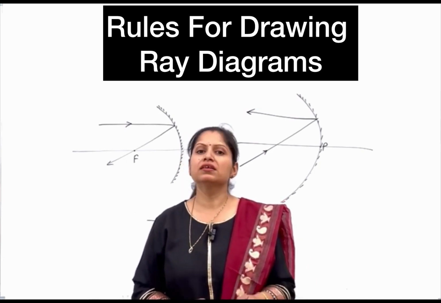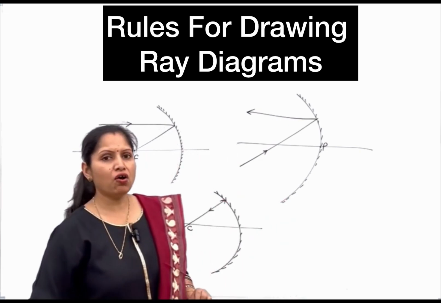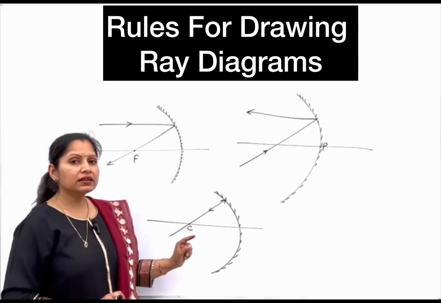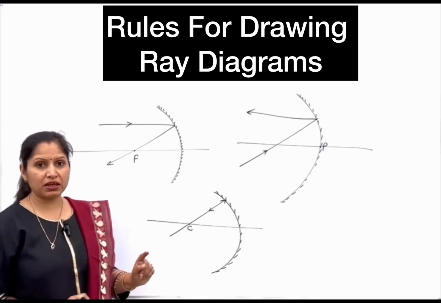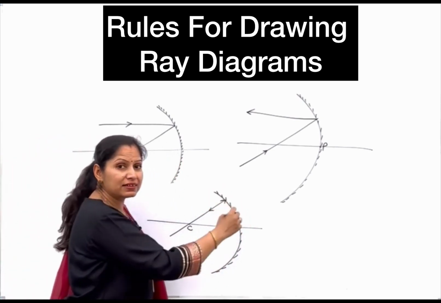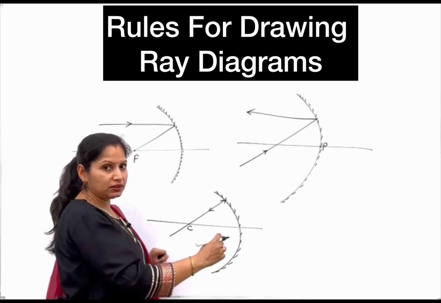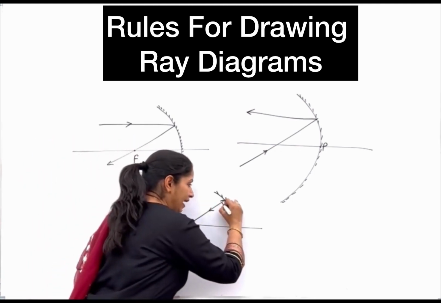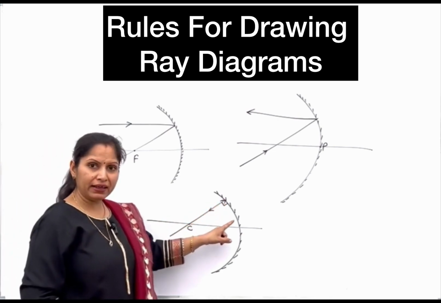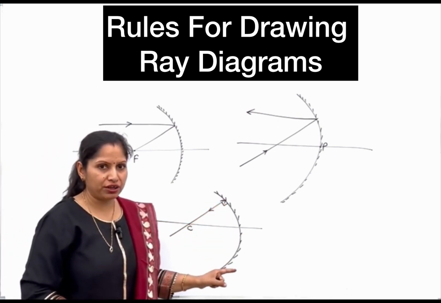That will also be 0. Any ray of light that is passing from the center of curvature, अगर किसी भी sphere में center से pass होकर एक line बनाई जाए circle तक या sphere तक, then that line is the radius. A radius is always perpendicular to the circle at that particular point.